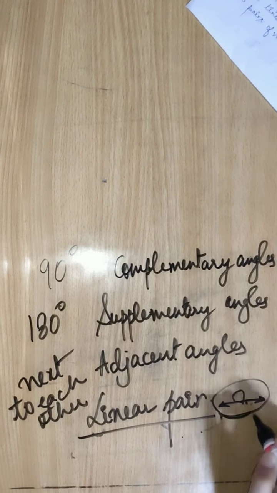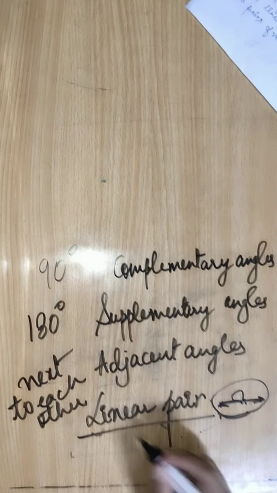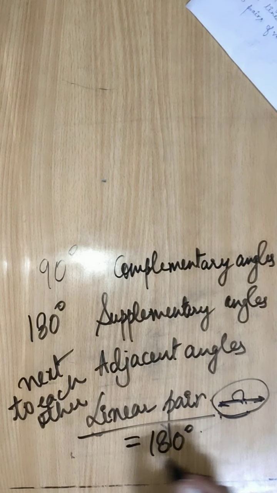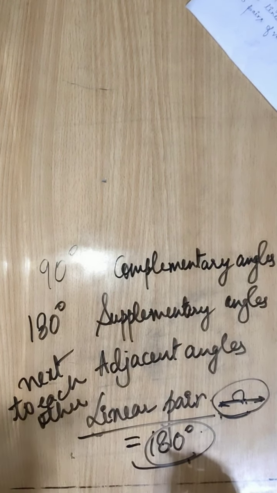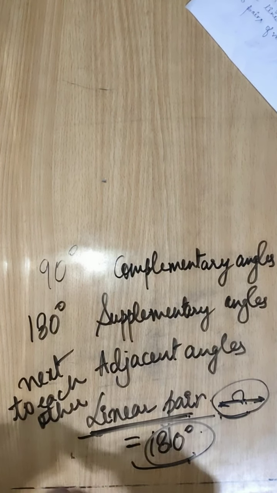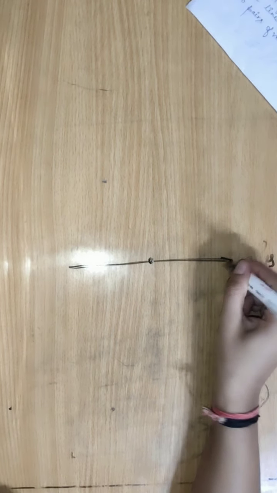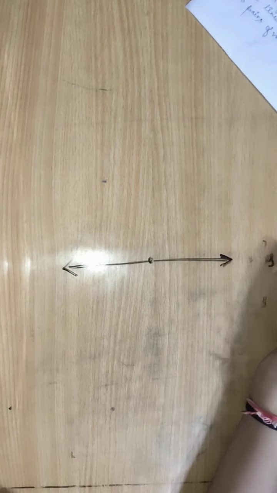What we come to know from these two non-common sides being opposite is that the sum of the two angles in a linear pair will be equal to 180 degrees. How? When we make a linear pair, the non-common sides are just opposite to each other.